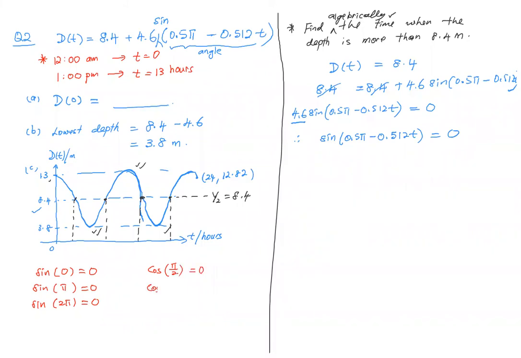Cos 3 pi over 2 also equals 0. Then you can go second round, right? Cos 5 pi over 2 also equals 0. Cos 7 pi over 2 also equals 0. You can go on and on.